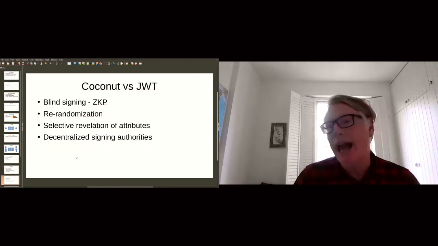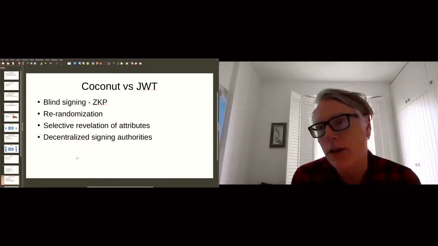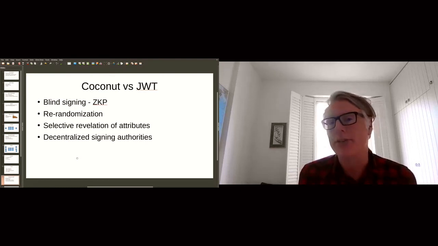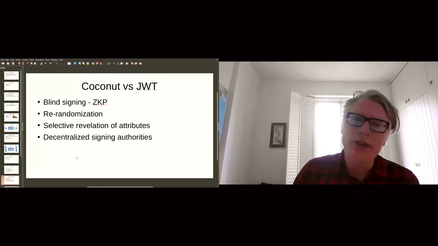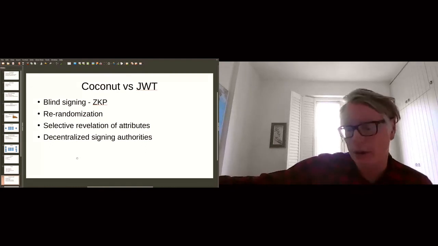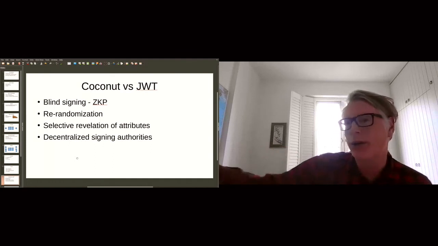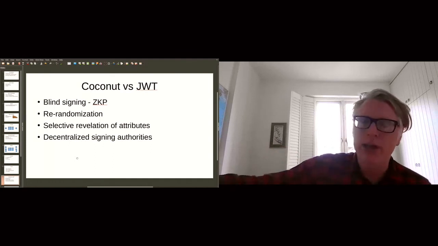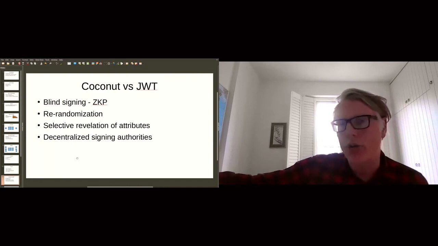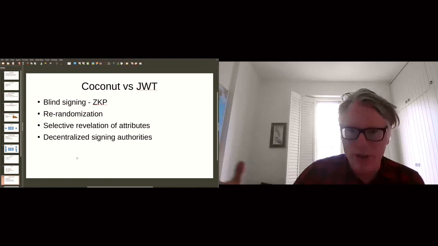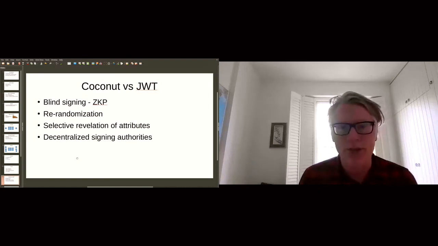What does Coconut add on top of, or how does it differ from, an earlier technology like a JSON web token? Well, the first thing that we have is blind signing. You can ask for a signature from your signature authorities, and you're blinding the content of what you're asking for with a zero knowledge proof, such that they are not quite sure what it is that you're specifically asking for, but they can still verify that what you're asking for is cool and kosher for them to give you.